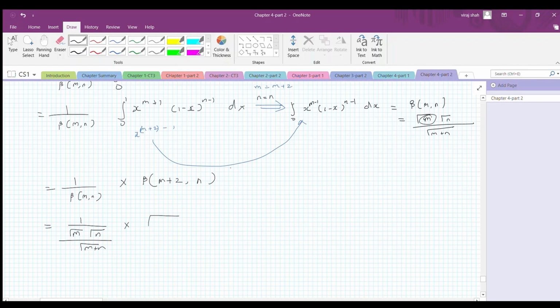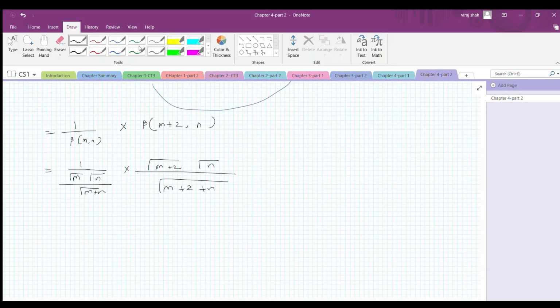M is nothing but my m plus 2 now. So let me write m plus 2. It would be gamma of m plus 2. Gamma of n is exactly the same. So there won't be any change. It would be gamma of n divided by gamma of m plus n, right? Here it is m plus 2 comma n, so it would be gamma of m plus 2 plus n, right?